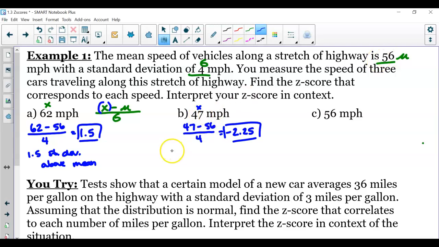It's slower. So this is 2.25 standard deviations below the mean. You're going slower than the average. Now 56. Well, 56 is the average, so what is the z-score? 0, because it is the mean, the average.